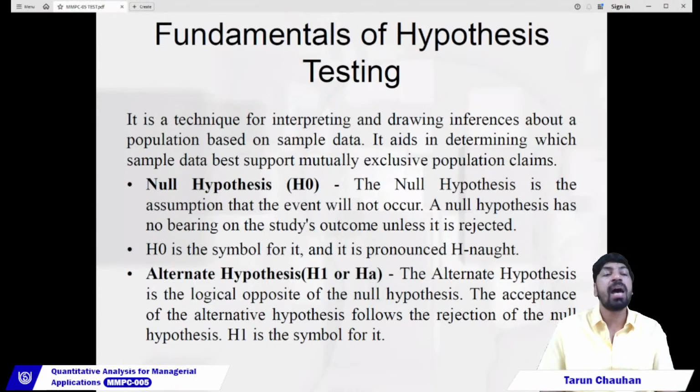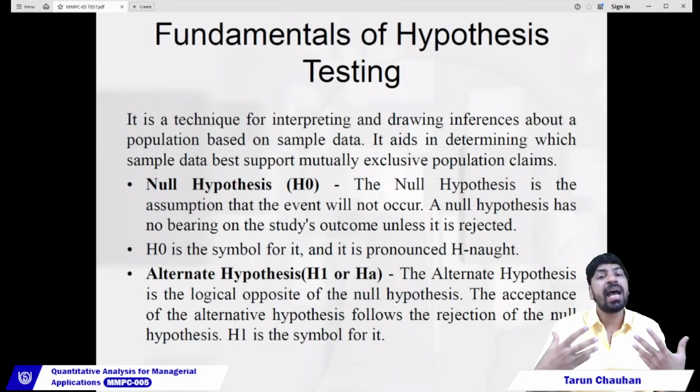It also determines which sample data will best support a mutually exclusive population claim. So whatever the population claim, which type of data set best supports our conclusions, our interpretations, or our analysis, that's called hypothesis testing.